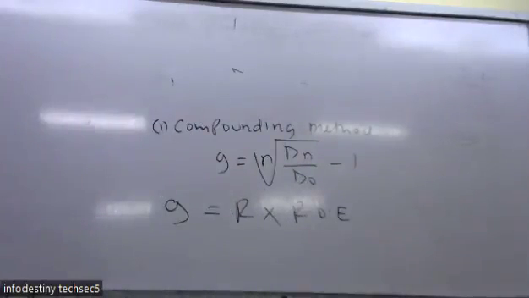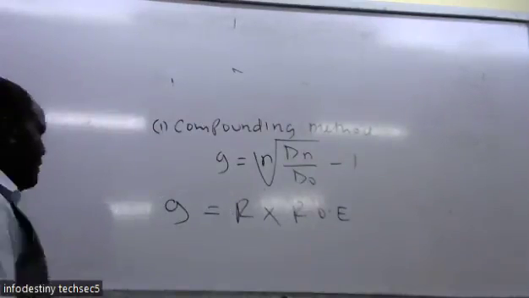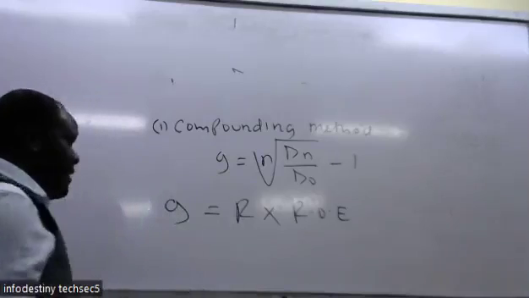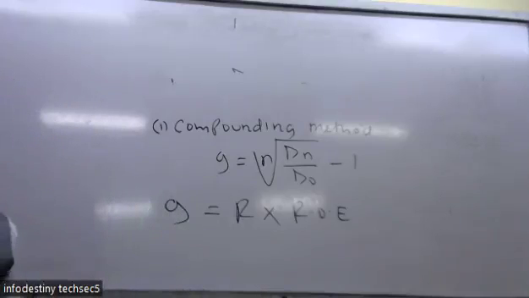So our G will be equal to R multiplied by the return on equity, where R is the retention ratio of the profit.